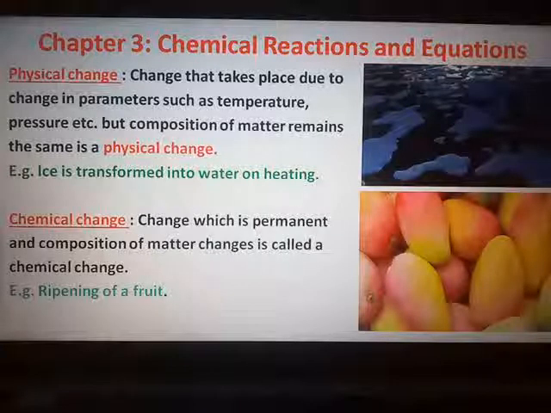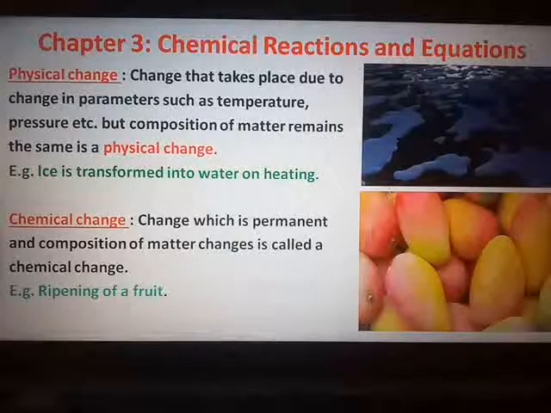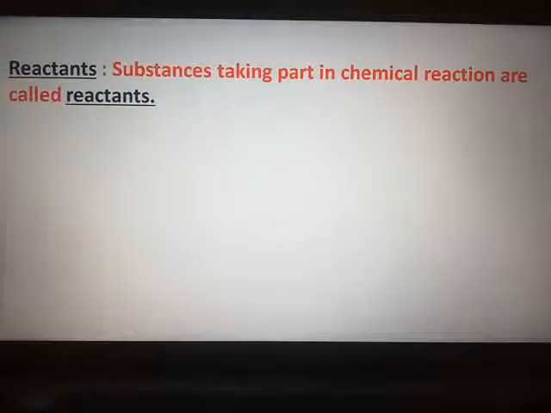Now, when you speak about chemical reactions, let us come towards the different terms which are involved in a chemical reaction. The first term is reactants. Substances taking part in a chemical reaction are called reactants. In your day-to-day life, I will take an example.